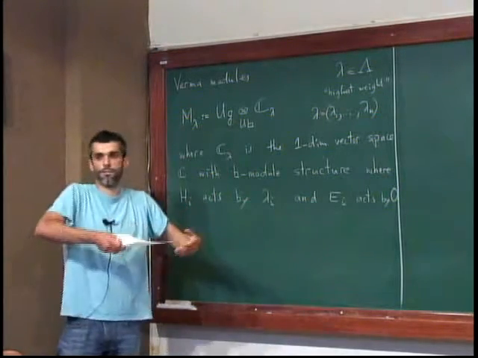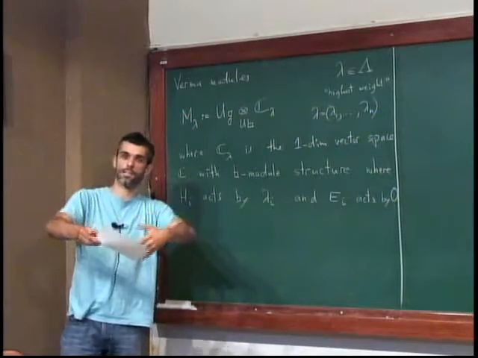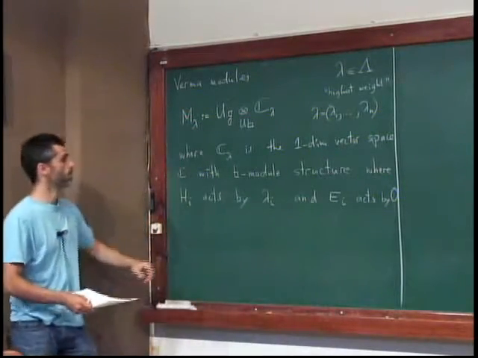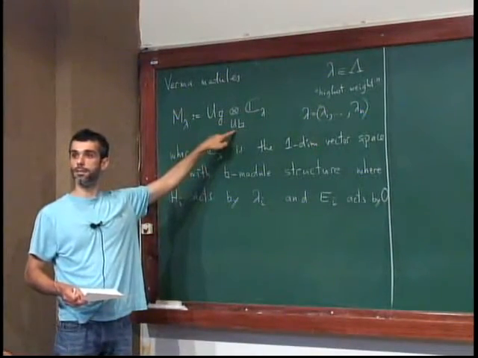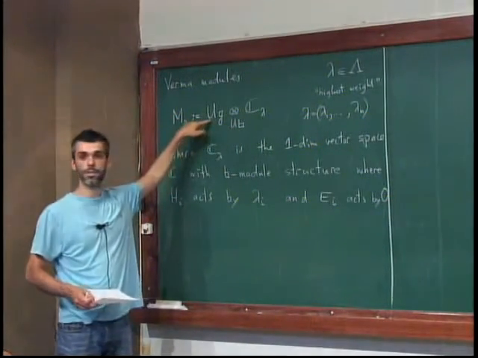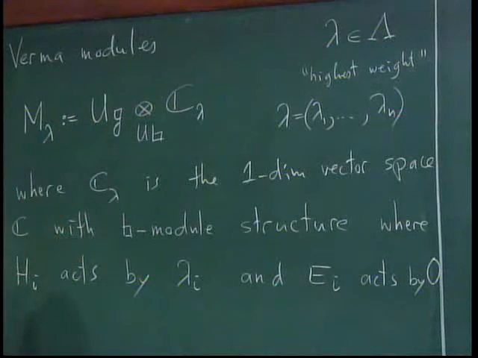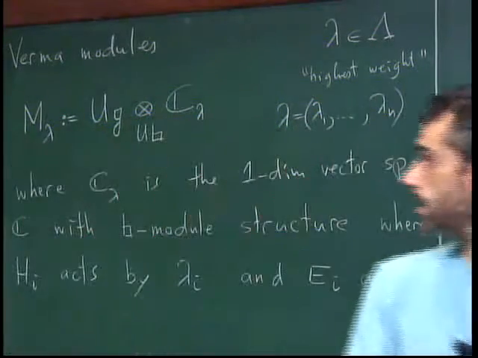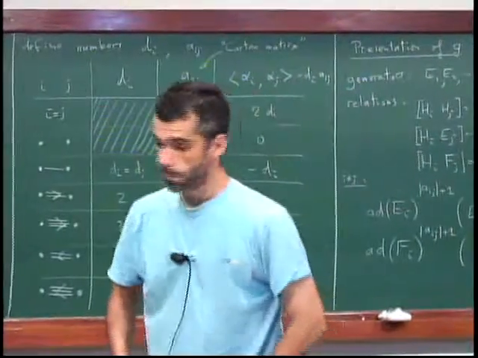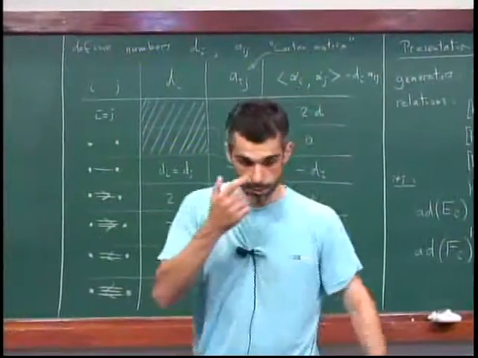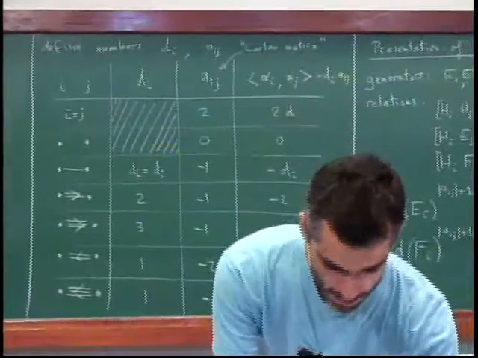So this is a module over UB. And UB sits inside UG, and you just take the tensor product, and that's what you call a Verma module. So this is a bit abstract, and I would like to show you what you get in the case of SL2.